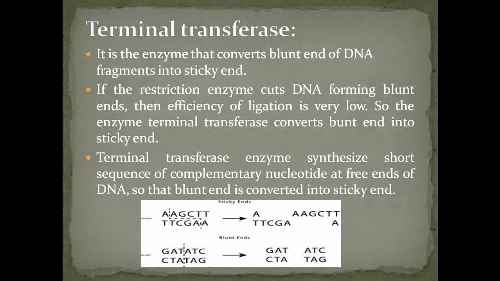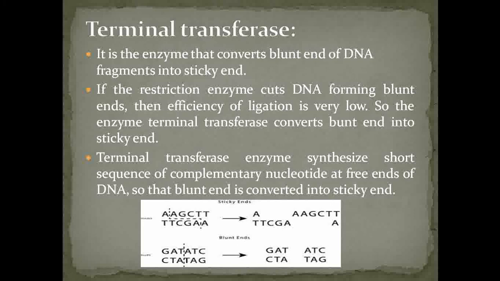At that time, the terminal transferase will help. This terminal transferase will make a short sequence of complementary nucleotides. Understand? It will formulate a small sequence of complementary nucleotides, and the blunt ends get converted into the sticky ends.